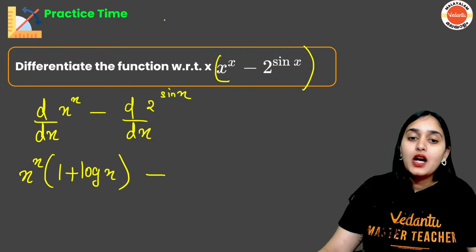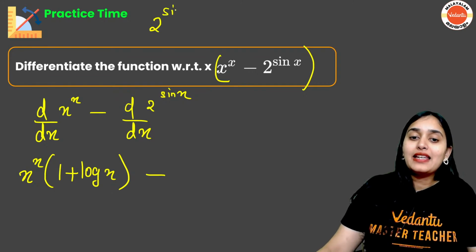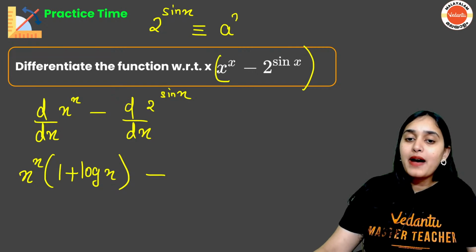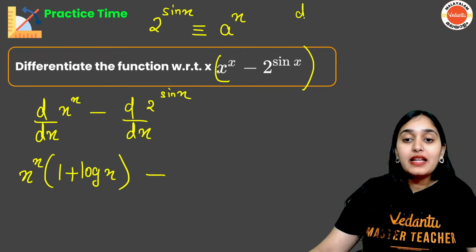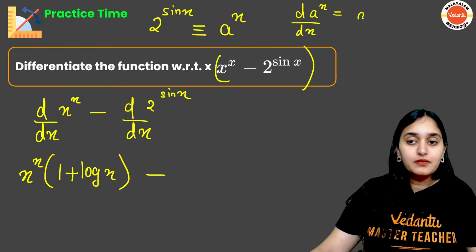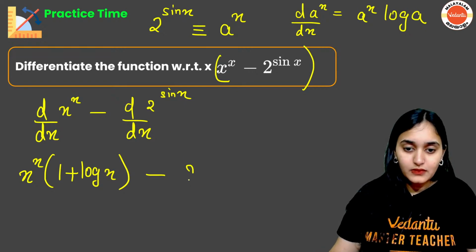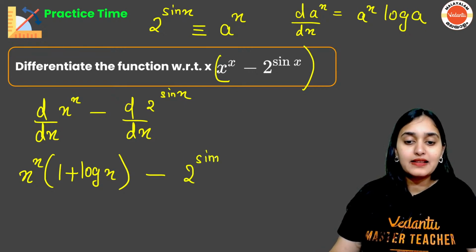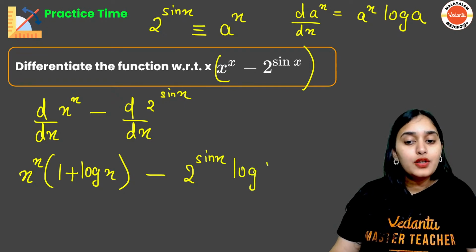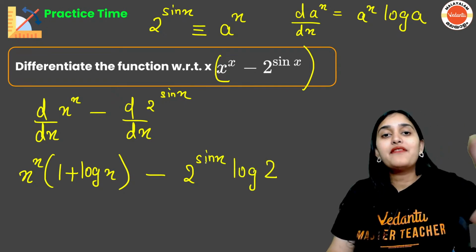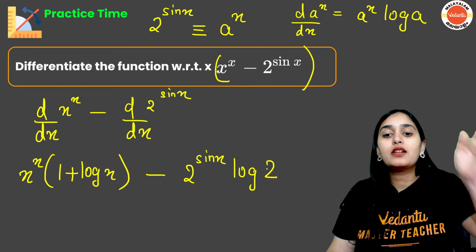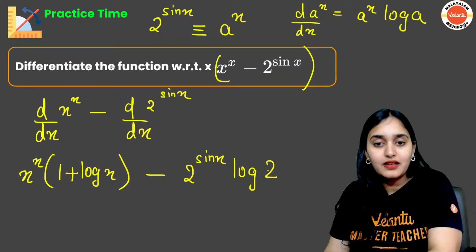Minus. Now, 2 to the power sine x is in the form of a to the power x. Now, what is differentiation of a to the power x? It is a to the power x log a. So, here it will be 2 to the power sine x log 2. That is my answer, right?